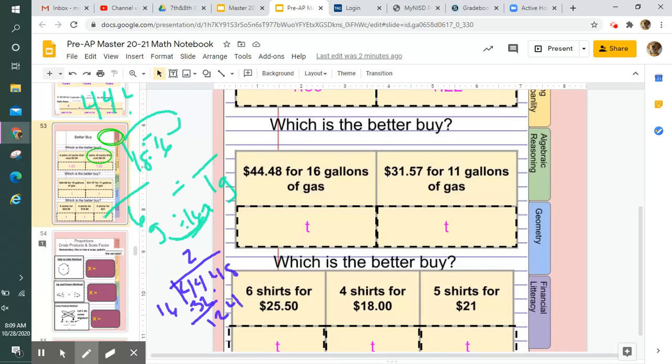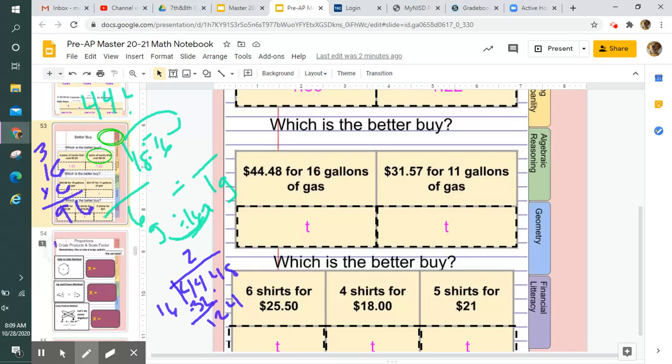We can try different numbers. So I'm going to start with trying 6. On the side, I'm going to do 16 times 6. 6 times 6 is 36. 6 times 1 is 6, plus 3 is 9, that's 96. So we're close, but not quite.